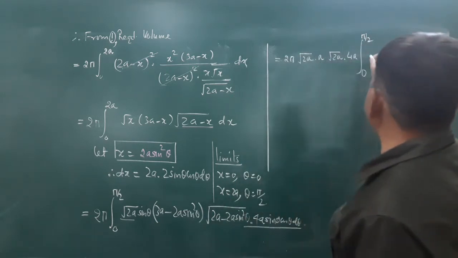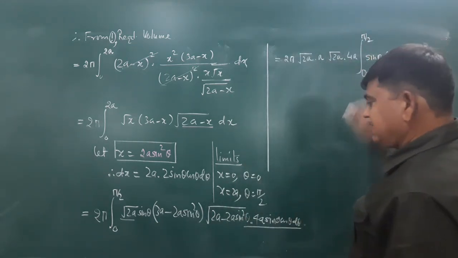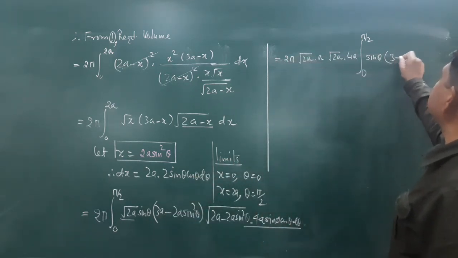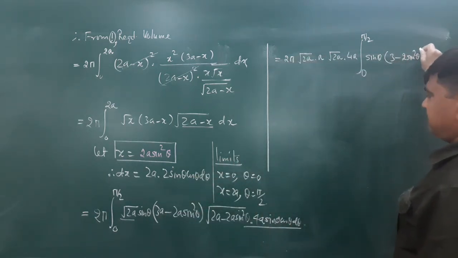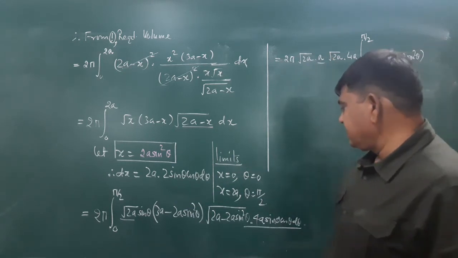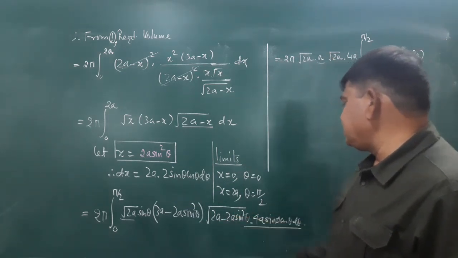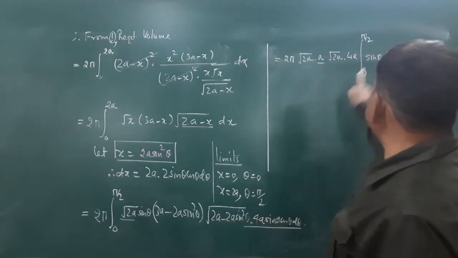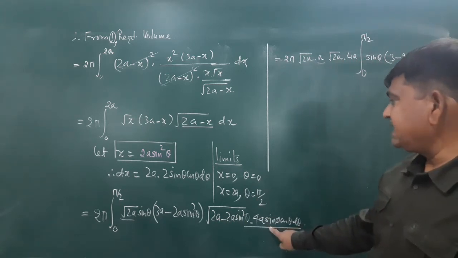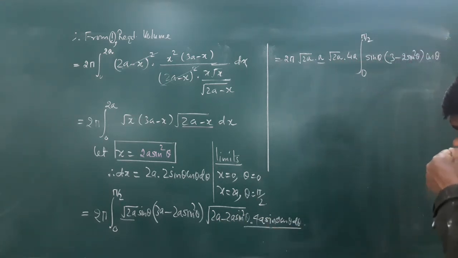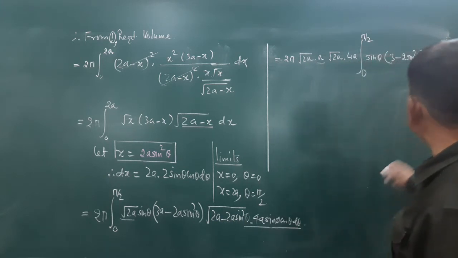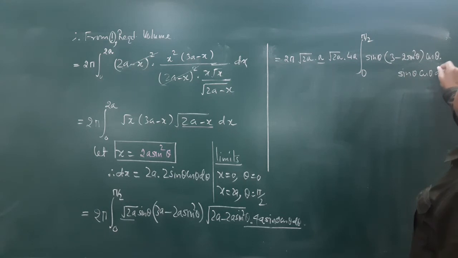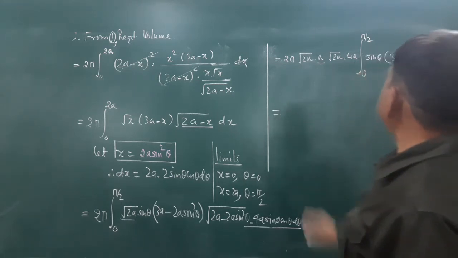Here it is sine theta multiplied by (3 minus 2 sine square theta), because a is common here. Then it is 1 minus sine square theta, that is cos theta. Root 2a is out. Then 4 is as it is. Then it is sine theta cos theta d theta.